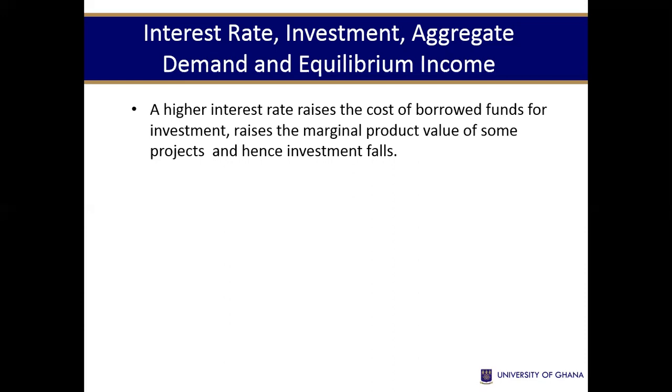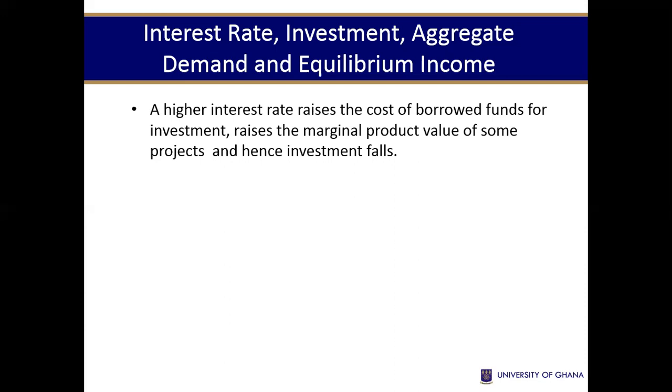But on the other hand, when interest rates are very low, it means that the cost of borrowing is very low, which means we can demand more loans. Demanding more loans means that firms now have more funds to fund whatever investment that they want to do. So a decrease in interest rate will cause an increase in investment.